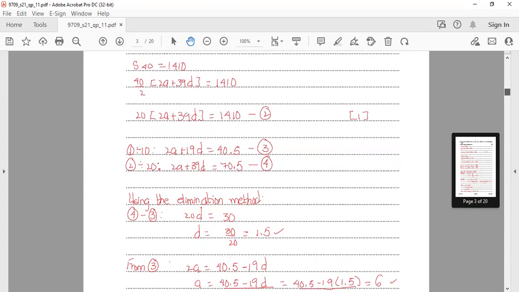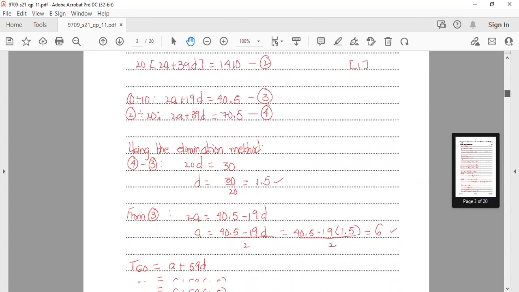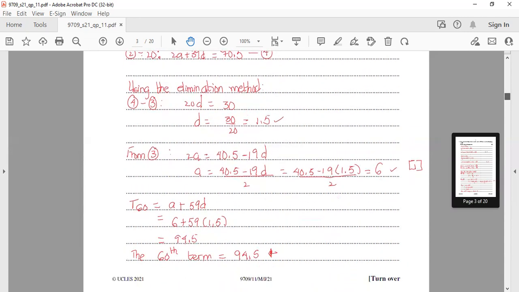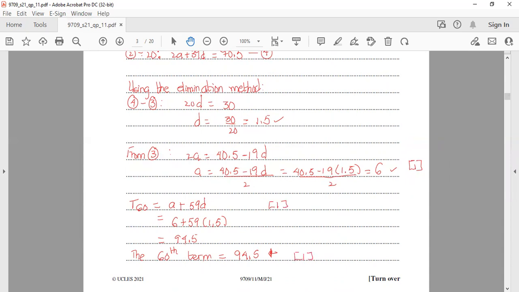Encore un point à gagner pour solve for A and D by substitution. One mark for correctly substituting the value of A and D and using the correct formula for T60. Donc here, and here for the correct answer. Okay, donc this is for question 2.